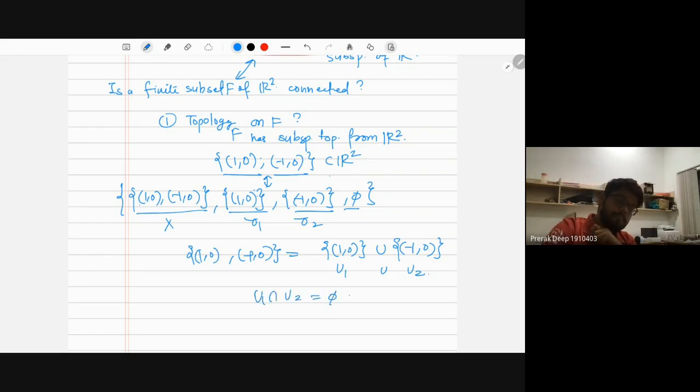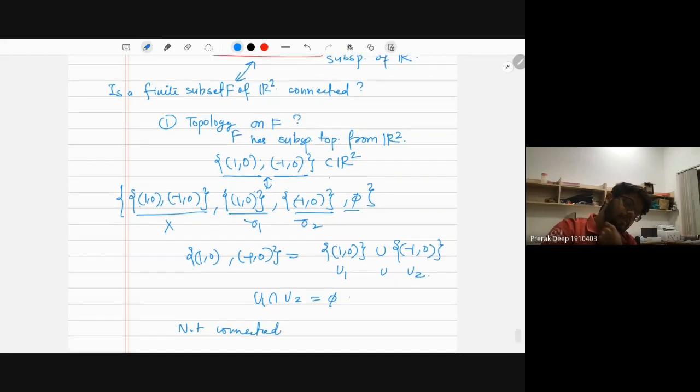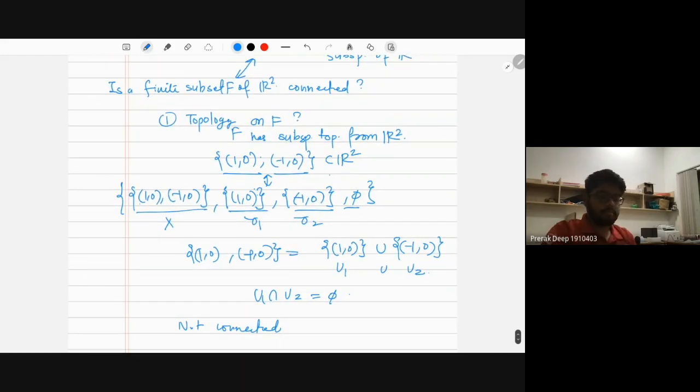It is empty. So it is a separation. Hence, it is not connected. So it is not a connected space. So the intersection of a circle and the closed interval minus 1 to 1 is not connected.